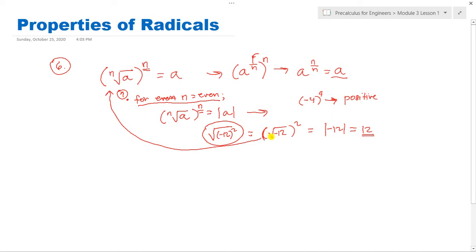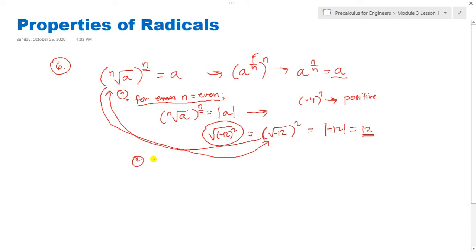Let's say we have square root of negative 12 raised to the power of 2. Actually, if you input this in your calculator, it will display a math error. Why? Because sa calculator, naka-program siya na i-simplify muna yung nasa loob ng parenthesis. So, kapag i-simplify ito, yung square root of negative 12 will result to an imaginary number. Therefore, mag-math error siya. But this is just for the purpose of visualization, na this expression pala will equal to this one. So, that's for the first condition.